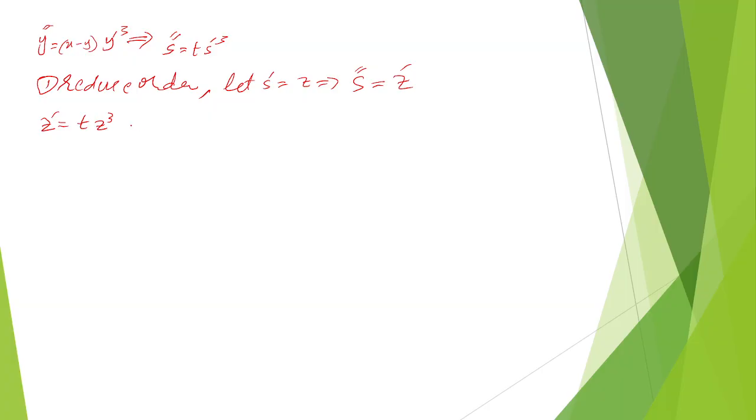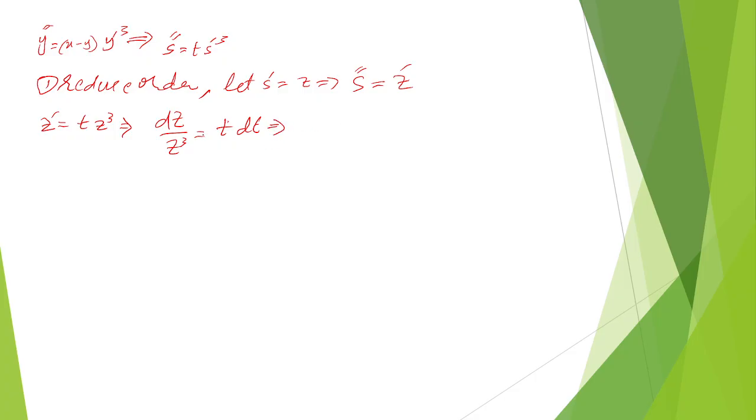Now we are going to solve this differential equation. So this is dz over z cube is equal to t dt. So this is a separable equation.